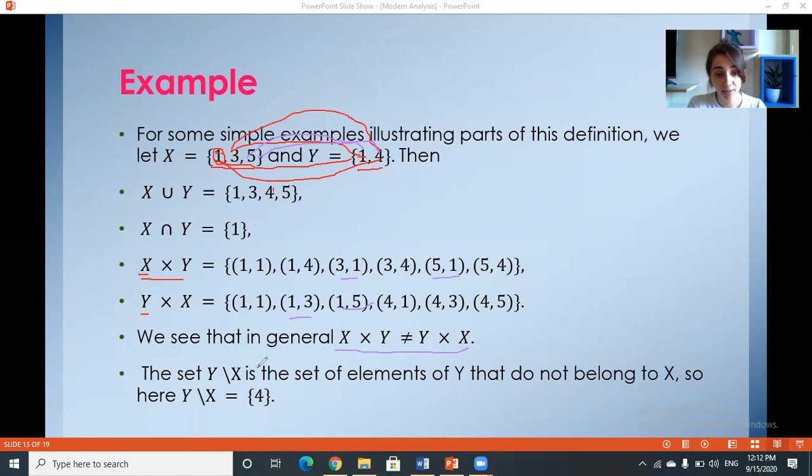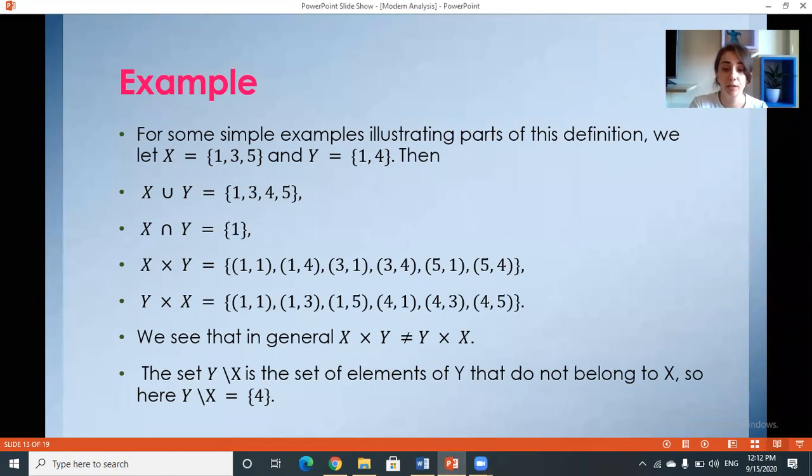So the set y minus x is just 4. If we subtract, we remain with just 4. Okay, I think it's clear, but if you have any unclear parts, please let me know.